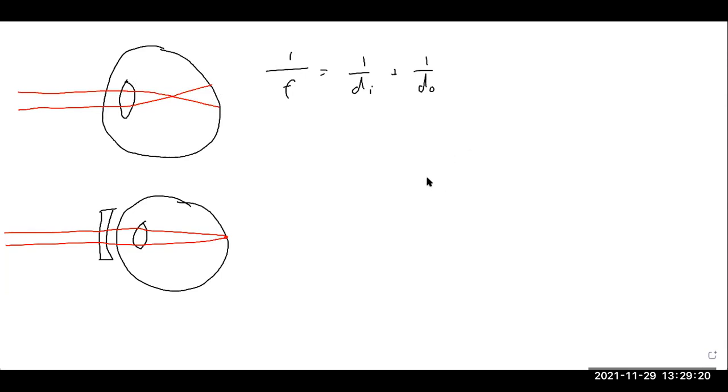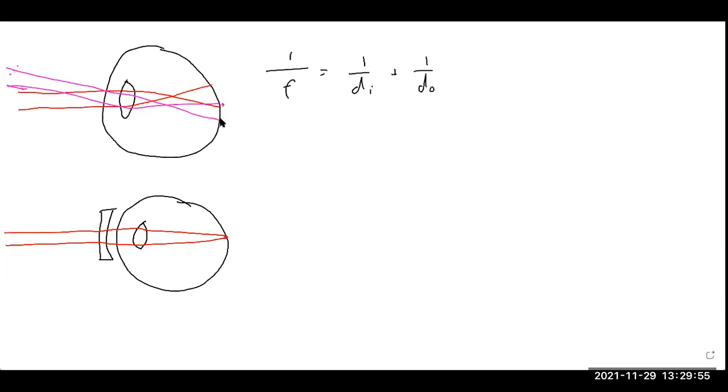And a different object, which is very far away also, but at a slightly different spot, is going to blur over. So there's this spot here, which is getting light from two different objects.